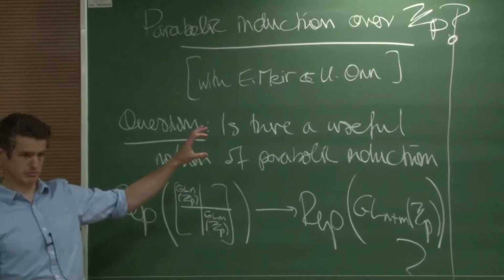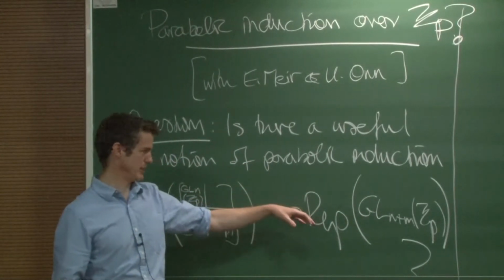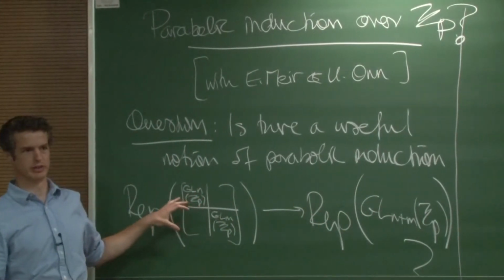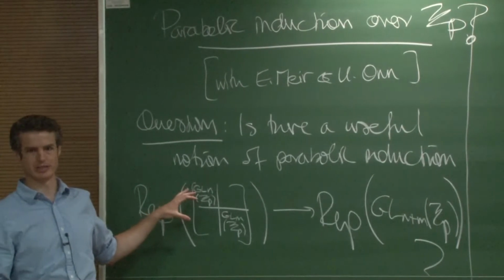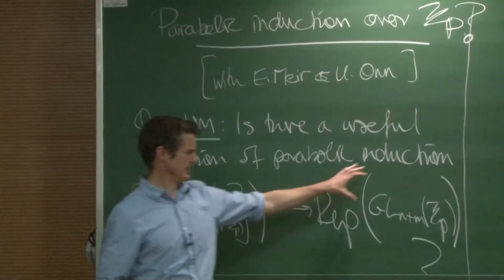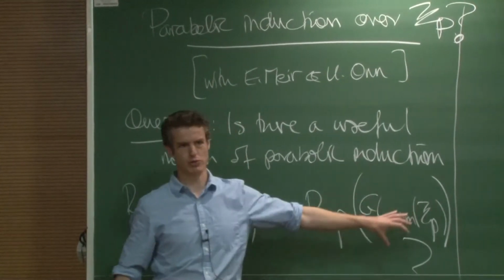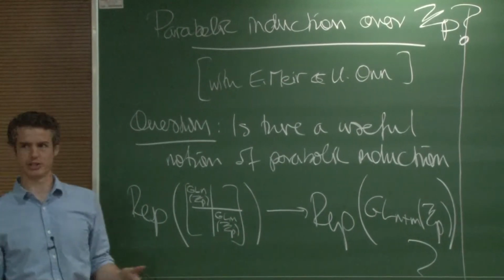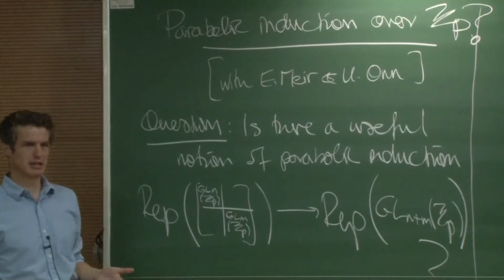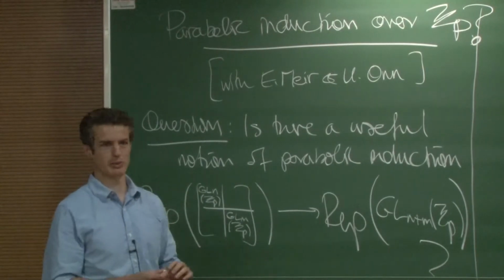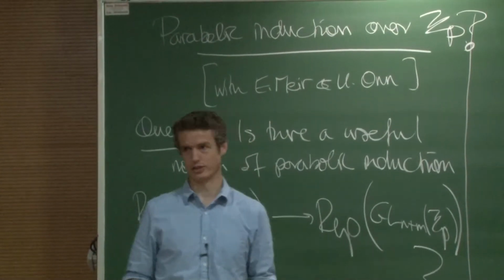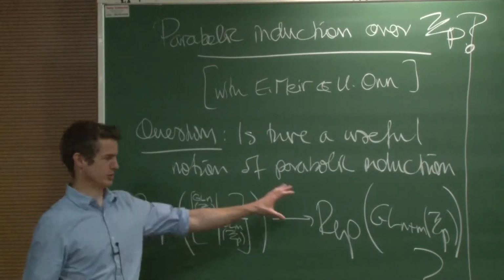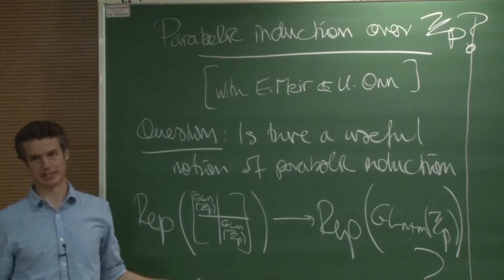It's not useful for me because it will always produce infinite dimensional representations, whatever you start with over here, unless you start with the 0 representation. In particular, an infinite dimensional representation of this profinite group is going to be far from being irreducible. So unlike the usual parabolic induction, which we're all used to, which doesn't always produce irreducible representations, but it very often does, and it always produces things that are not far from being irreducible, the functor that I just described is nothing like that.